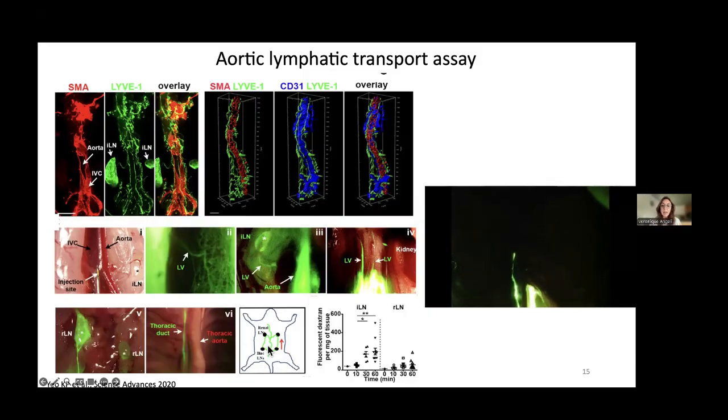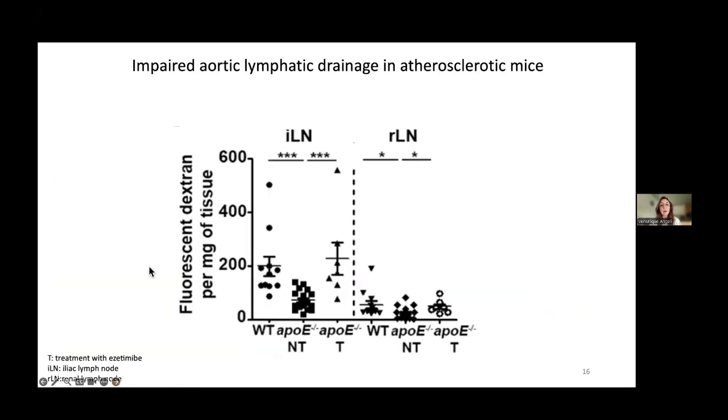So with this assay, we went on to compare lymphatic drainage in wild-type mice and ApoE knockout mice. We show that in these ApoE knockout mice, we had a decreased transport of this tracer into the draining lymph nodes, the iliac and the renal lymph nodes.